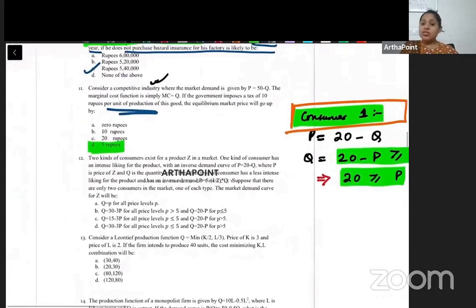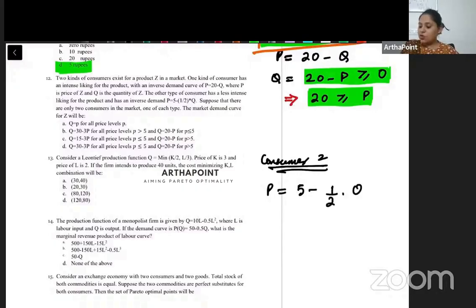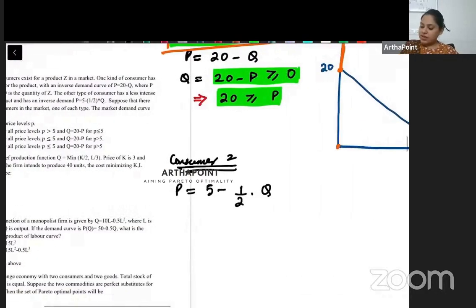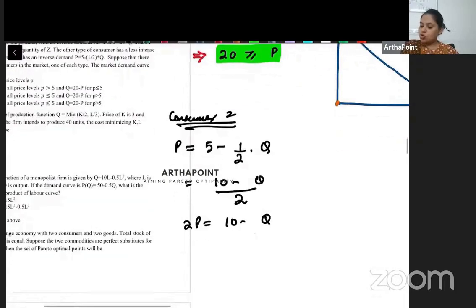Now let's talk about consumer 2. For consumer 2, P is equal to 5 minus half into Q. So I will get 10 minus Q by 2. So 2P is equal to 10 minus Q. So Q will be 10 minus 2P.